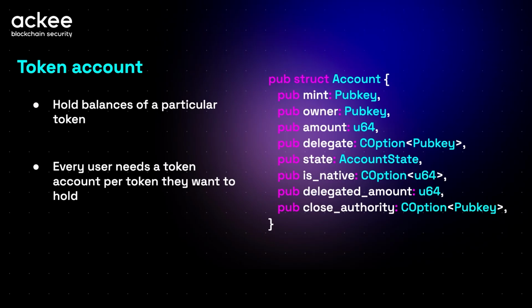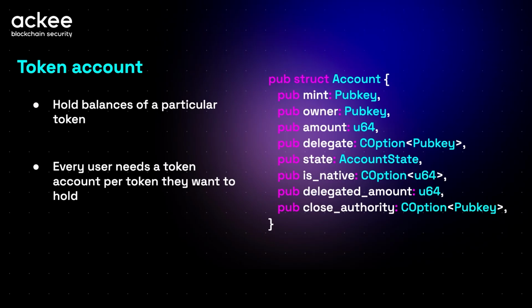So sometimes we want to wrap SOL into a token because it allows for easier integration with protocols that expect token accounts. The reason why the type is U64 is that if the token is native, so it is a wrapped SOL, then the value will represent the number of lamports the account needs to stay rent exempt.